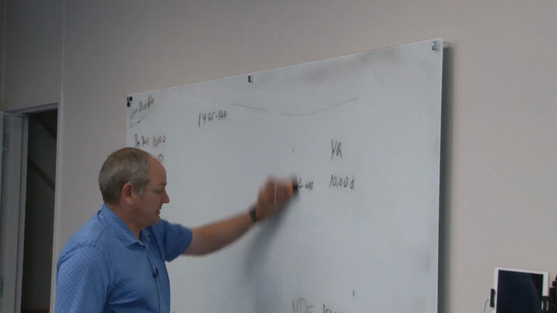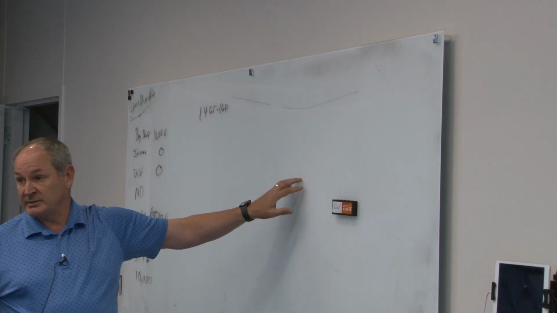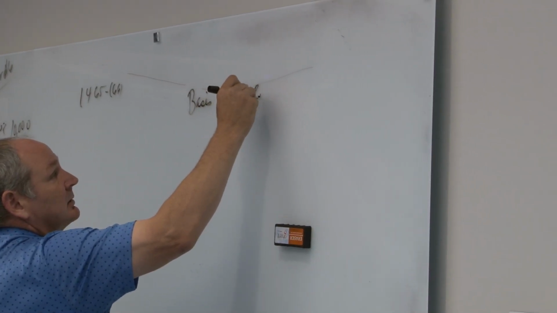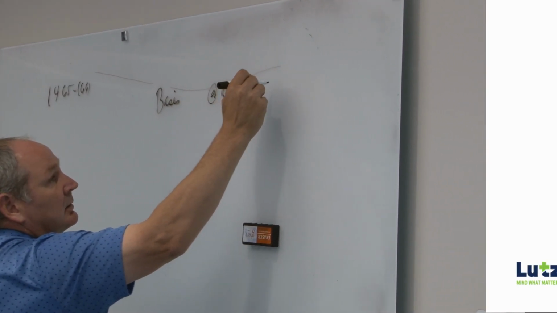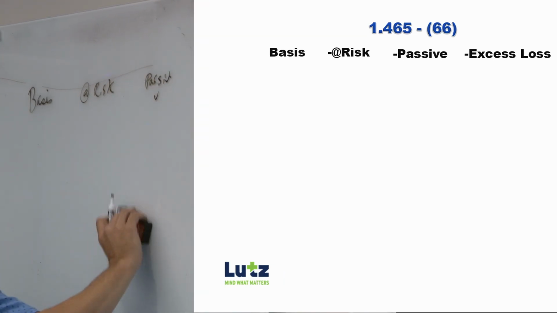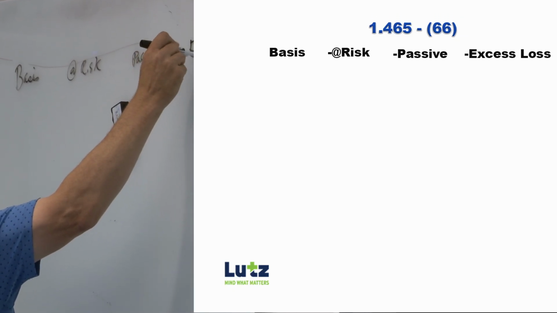So what are our basis hurdles? Seriously, this is truly important for this analysis. What's the first hurdle? Basis. Second, at risk. Third, passive. And then excess business loss.